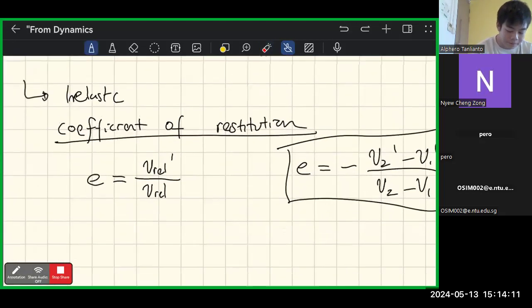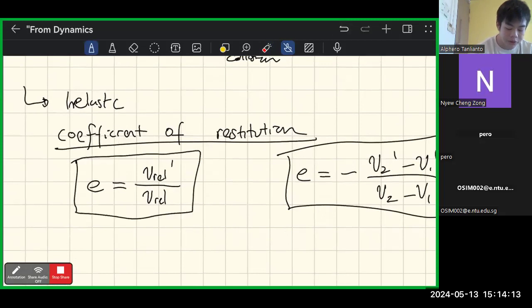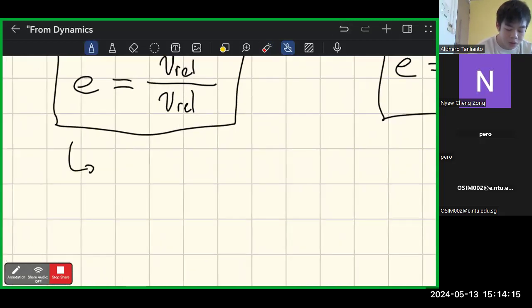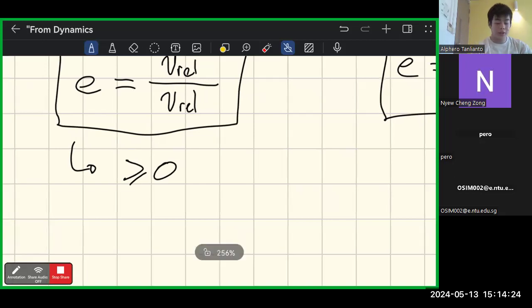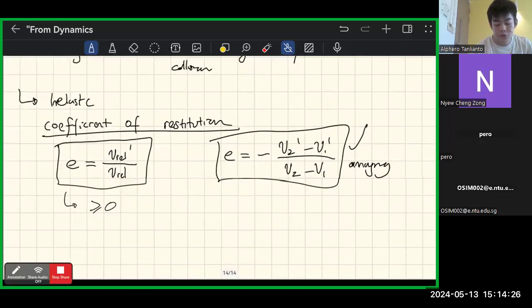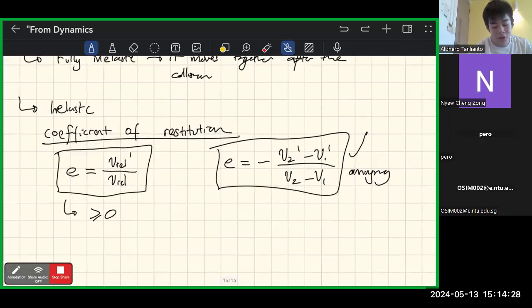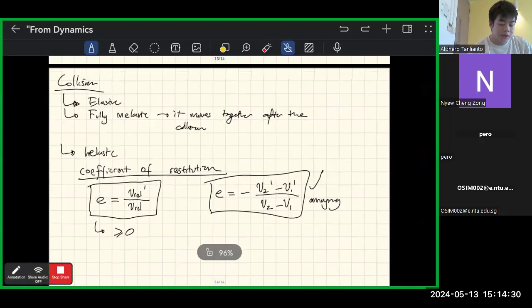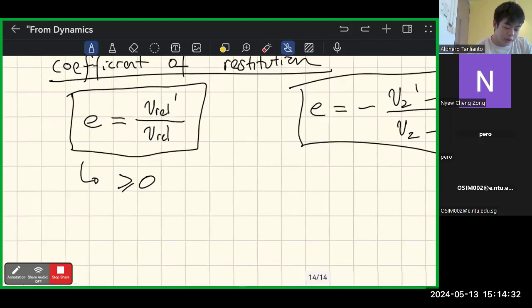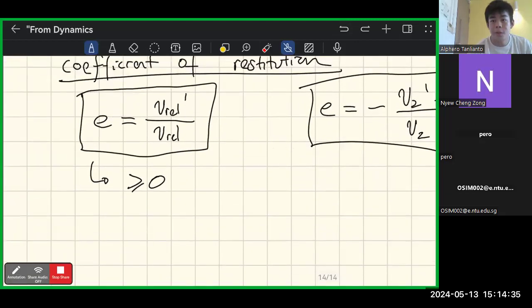The coefficient of restitution E always has to be more than or equal to 0, where 0 is fully inelastic, where it moves together, so we don't really have to use E if it's 0. But the important part is when it's not 0.